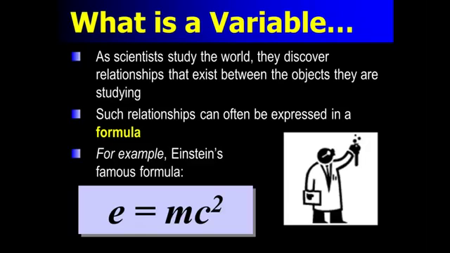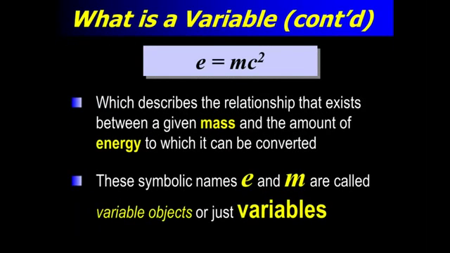And the thing is, the E, the M, and the C are essentially variables in that formula. They represent mass and energy, things like that. And they are symbolic. They represent something. So they're variable objects or just variables.